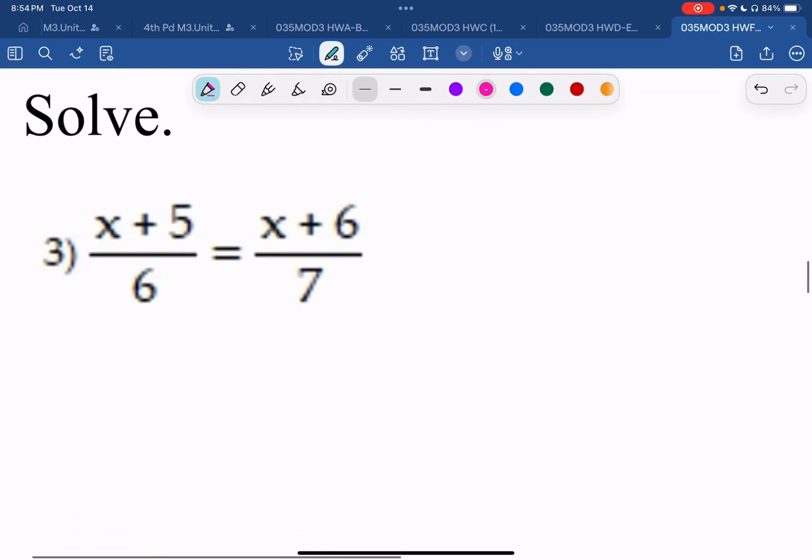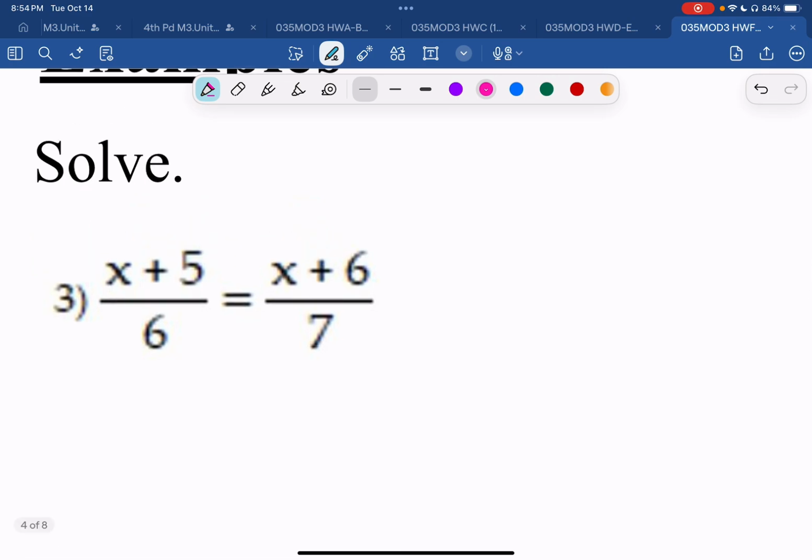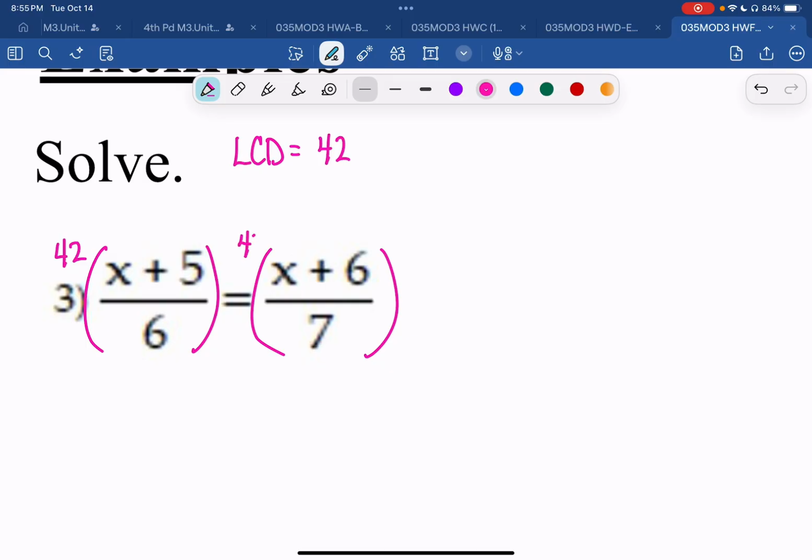Okay. All right, so here I've got a 6 and a 7. So my LCD is going to be 6 times 7, so 42, which means I'm going to multiply each one of these by 42. And so what happens, this simplifies with this, making that just have 7. So 7 times x plus 5. Here, this simplifies, making that just be 6.